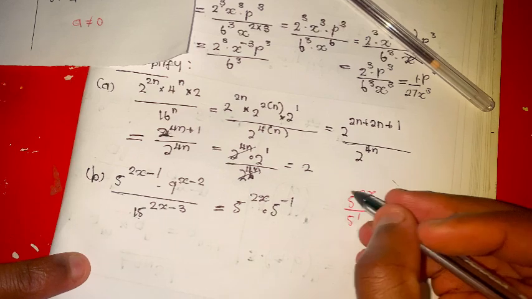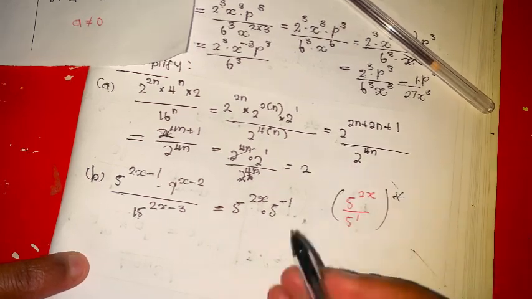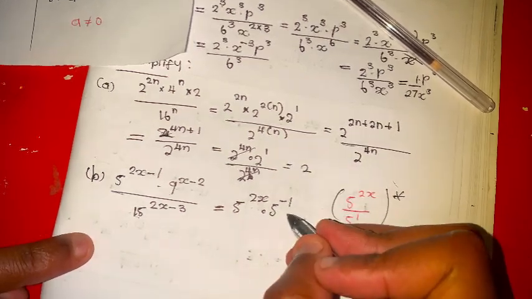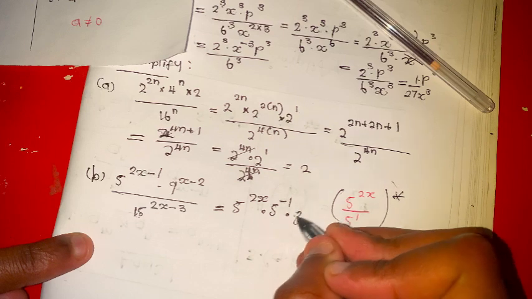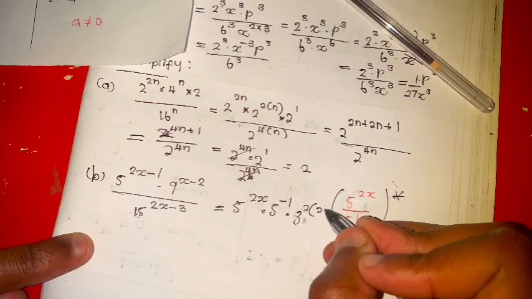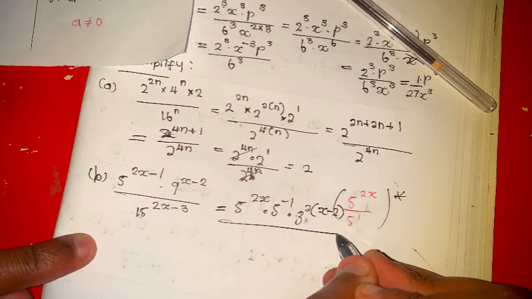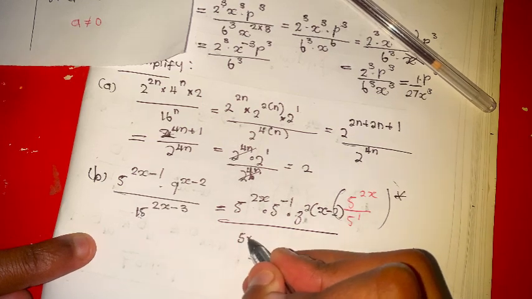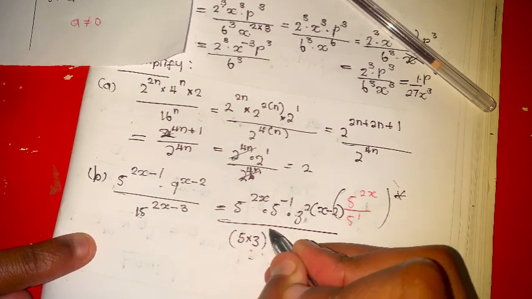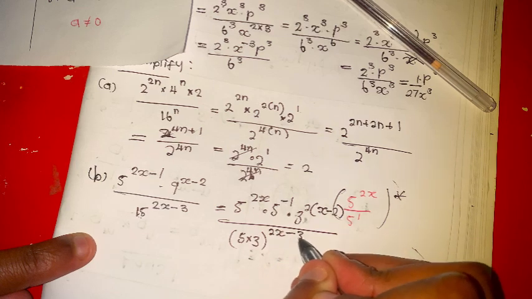So you can write it like that if you want, or you will continue and do that later. So we know 3 squared to the x minus 2 all over 5 times 3 to the 2x minus 3.